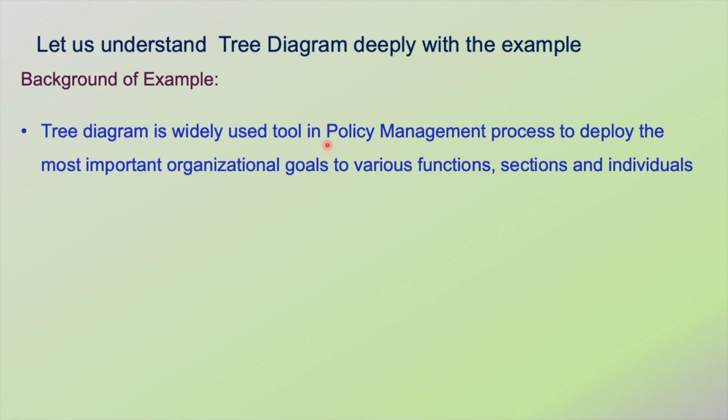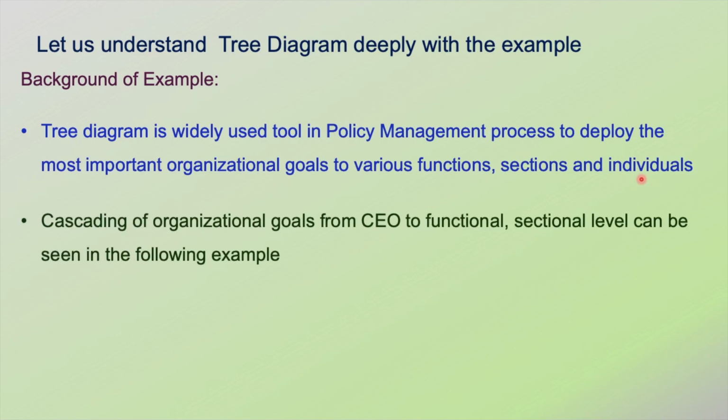Many organizations follow the policy management process to deploy organizational goals into departmental goals, sectional goals and individual goals. This is a very important tool used to deploy the most important organizational goals, that is, the goals of the CEO, to various functions, to various sections, and from there to various individuals.